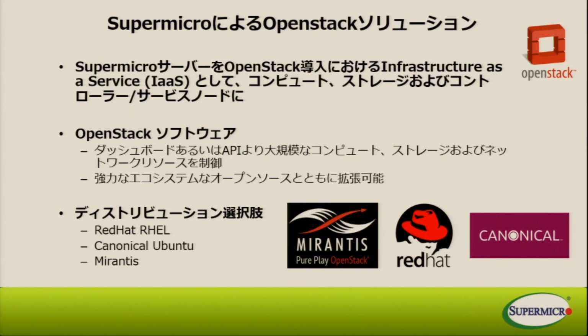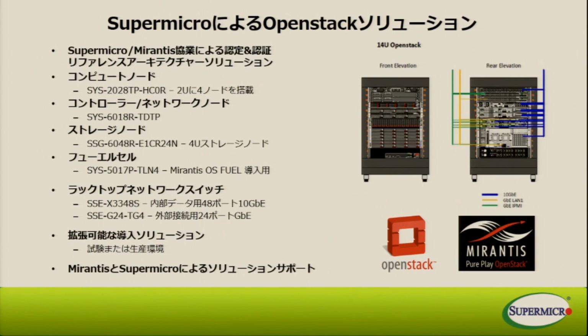Supermicro has partnered with Mirantis, and is working with Red Hat and Canonical Ubuntu to formulate this solution. One example is like this. What we have today from Mirantis is a compute node, a storage node, a switch, and you can deploy the Mirantis OS, which is called Fuel. So you have a complete one-rack solution, and then you can easily deploy VDI quickly.